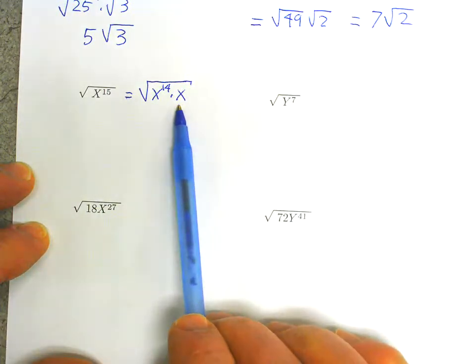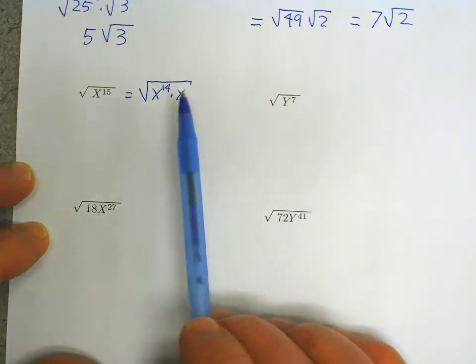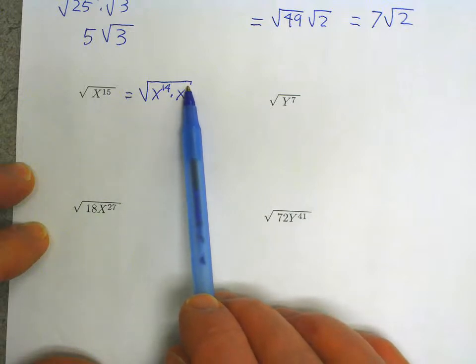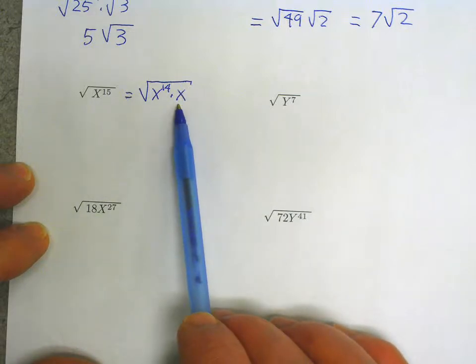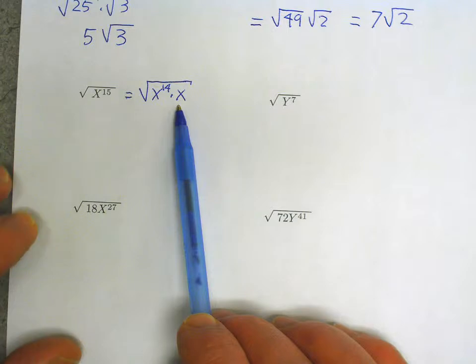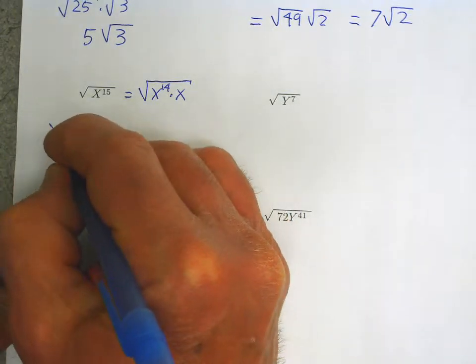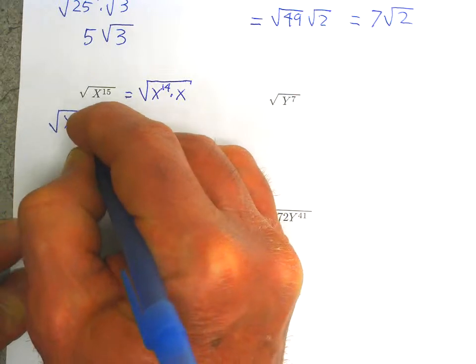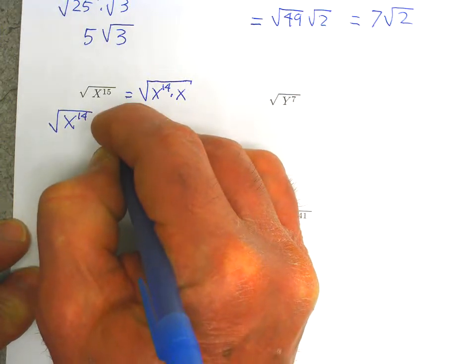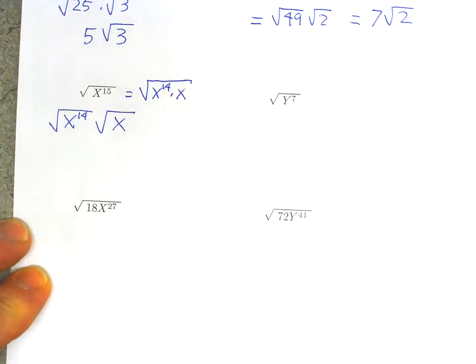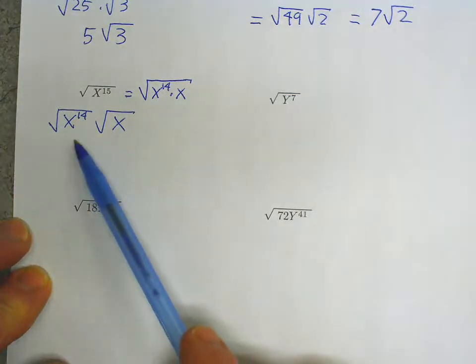Remember that x by itself means that the exponent is 1. We just don't normally write the exponent 1. Okay, then in the next step, we'll write this as the square root of x to the 14th times the square root of x. And then we can simplify the square root of x to the 14th.